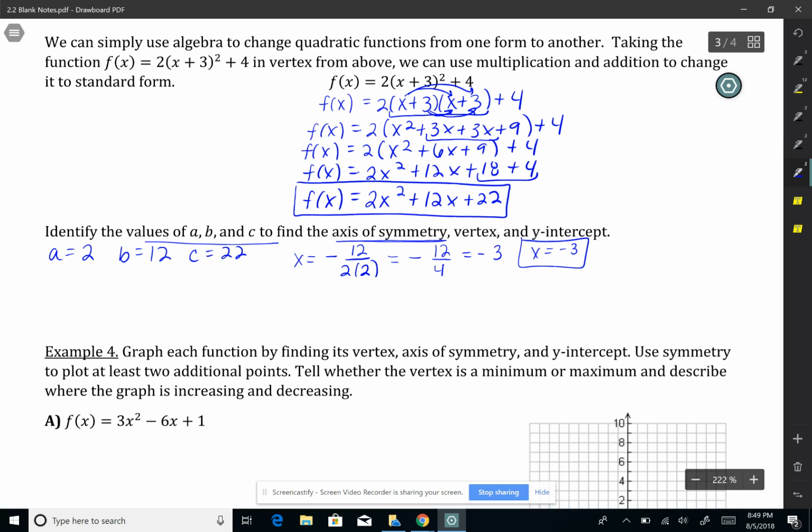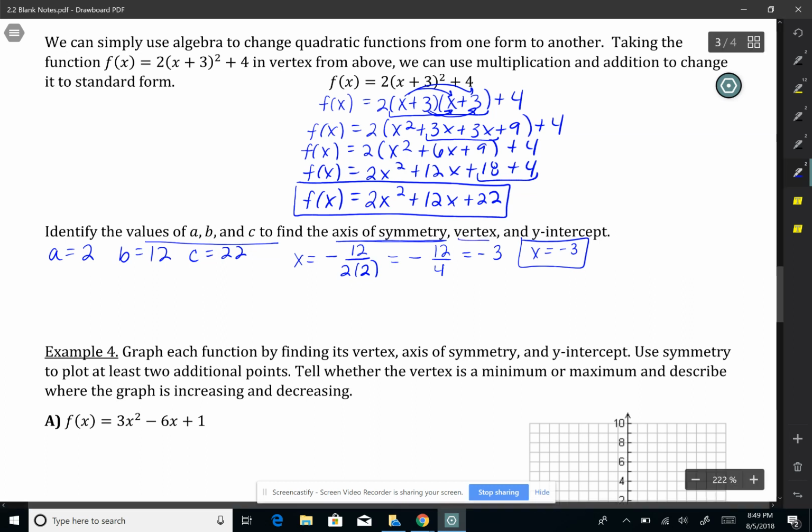Now, to find the vertex, we plug that x value into the function. Okay, so we're finding f of negative 3. Plugging negative 3 in for all the x values. So I have 2 times negative 3 squared plus 12 times negative 3 plus 22. And simply following the order of operations, I should square negative 3 first, and I get a positive 9.